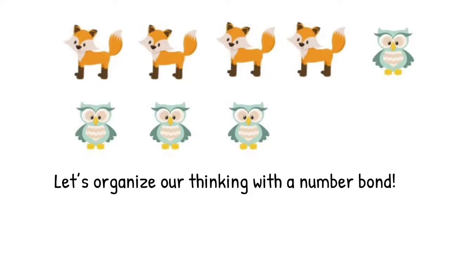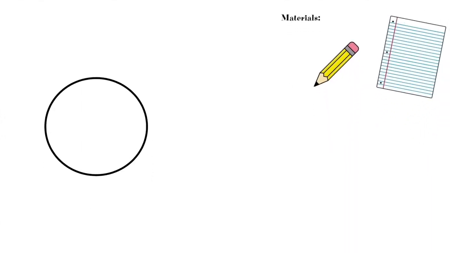Okay. Will you organize your thinking with me on a number bond? You're going to need your pencil and paper. Okay, we've been practicing drawing number bonds. So we're going to start with the circle that is going to represent the whole. So it's going to be a little bit bigger than our other 2 circles. You don't want to take up your whole notebook page, maybe half of it, okay, and leave yourself enough room.